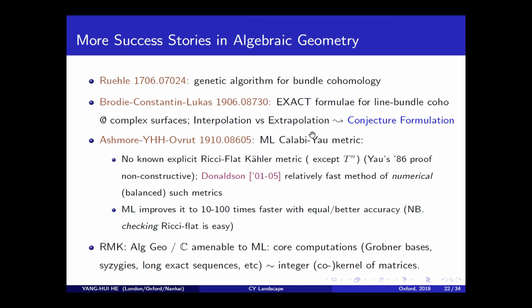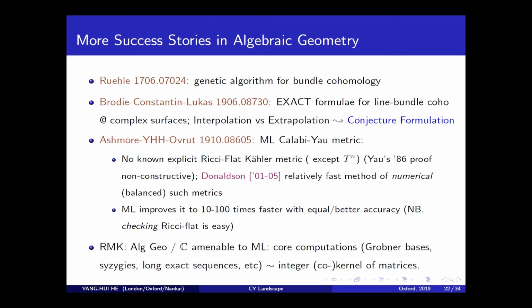And just to keep going, last month I was working with Anthony, I think he was here, and Bert Ovrut, on this thing about metrics. Yau's proof is famously non-constructive, so he's given us all of these wonderful theorems about Calabi-Yau geometry, but he hasn't given a single metric that we can use to compute Yukawa couplings.